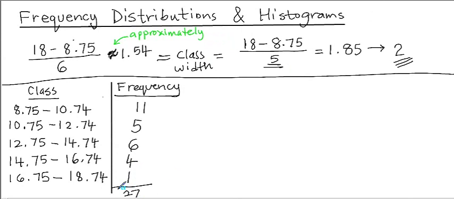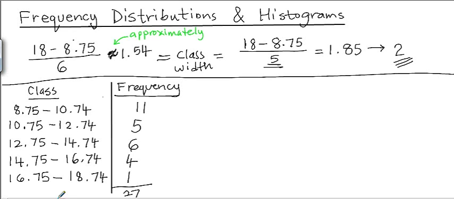Okay. Now, from this frequency distribution, you can make a histogram. Okay? So let me open up a new page right here. And a histogram is like a bar graph, okay, except the bars aren't connected, and it shows you the amounts or the frequencies in a visual way.